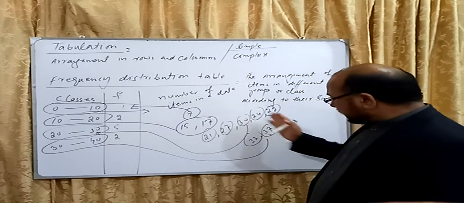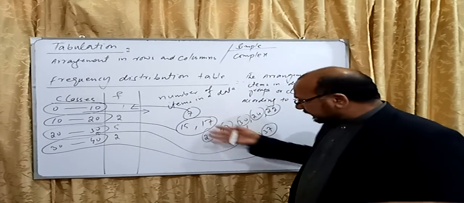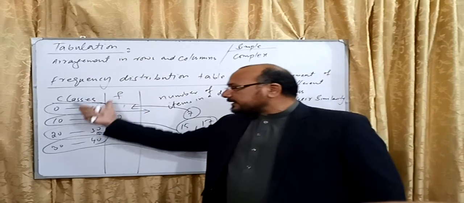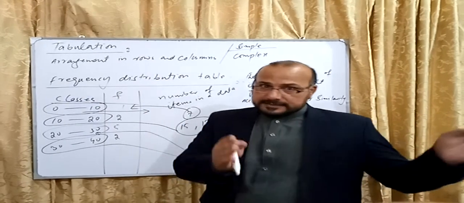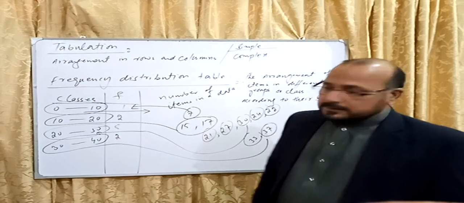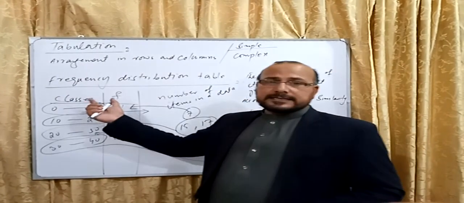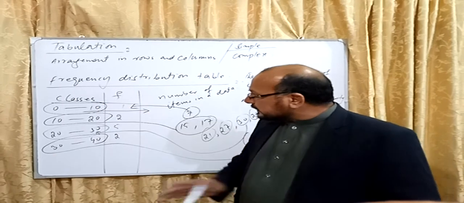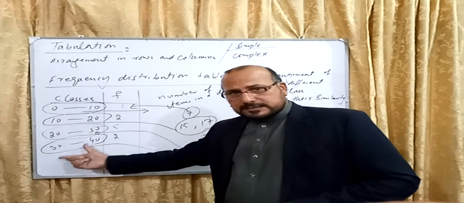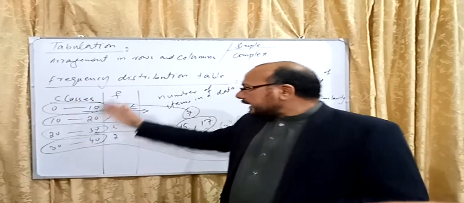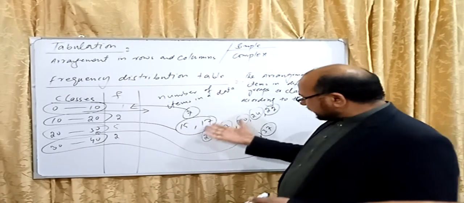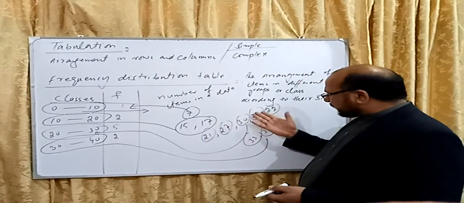This kind of data is the raw form of data. If we convert this data into secondary form, we tabulate the data and make a table, and that table is called a frequency distribution table. In a frequency distribution table we have classes, or groups, and we have frequency. Frequency means the number of items.